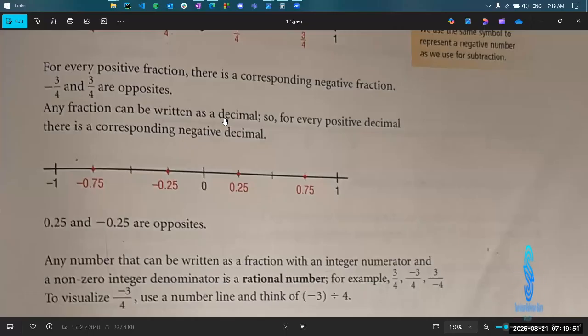The numbers are the same on both sides, just negative and positive. So we can have fractional numbers and decimal numbers, and both of them are rational numbers.